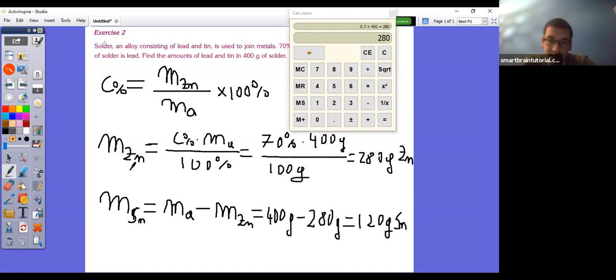This is the solution of the exercise. Is it clear? Yes, it is.